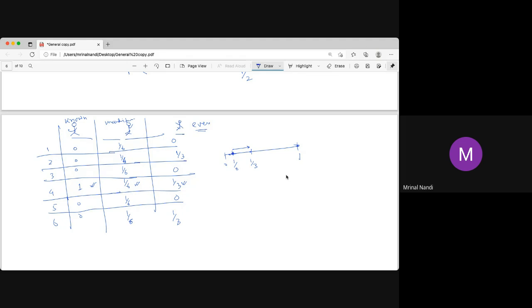But if I say this team already beat Bangladesh or something like that, then the probability is 1 by 4. This information is not independent of that outcome.